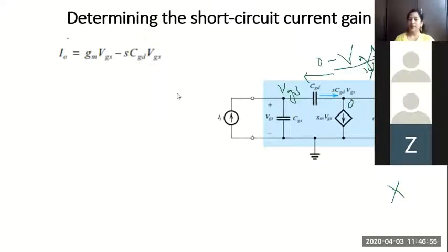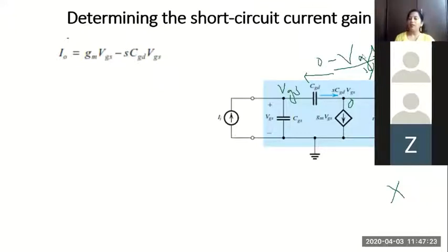So you can see in this case, the value of I0 has two parts, gm VGS here and IGD here. That IGD is computed like this. The voltage drop is 0 minus VGS and the impedance across this capacitance is 1 by s into CGD. So this is minus sCGD into VGS.